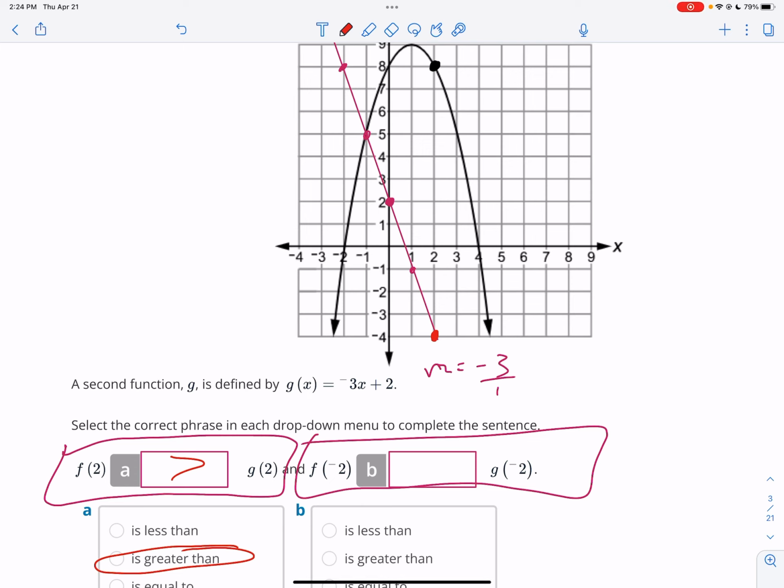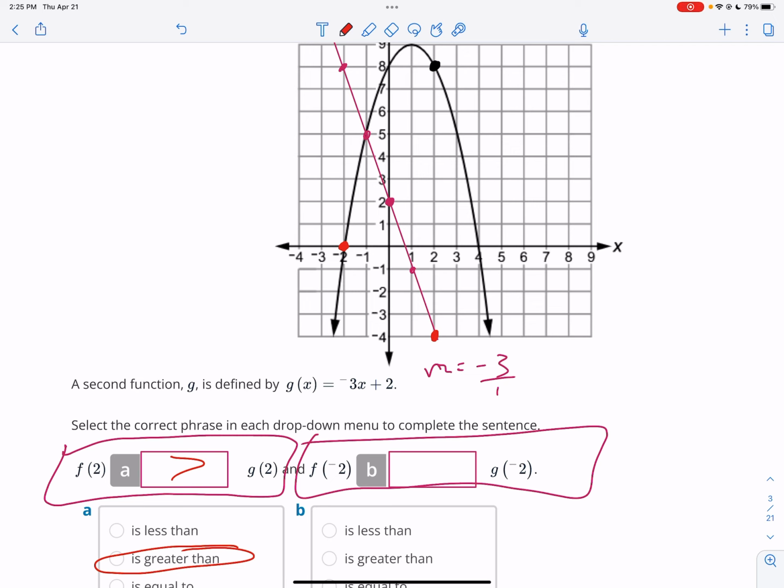Now let's look at the other one just in case before we talk about a different way to get the answer. F of negative 2, that we're going to compare to g of negative 2. So when x equals negative 2, we're looking right here on our f function. So when x is negative 2, f of negative 2 seems to be 0.